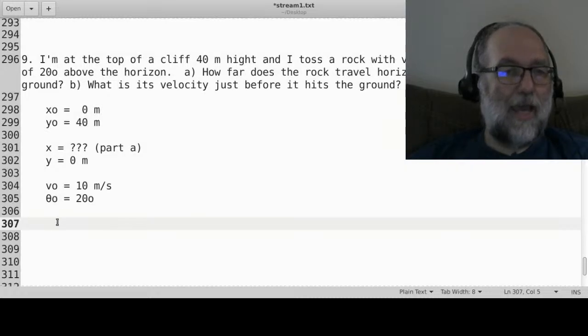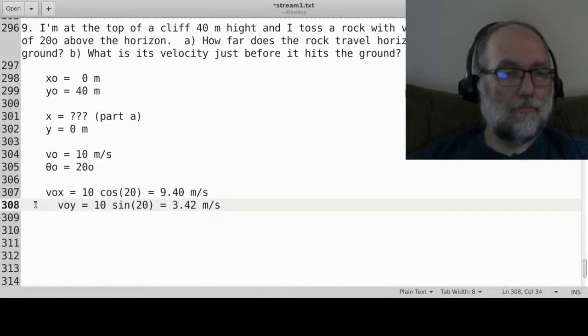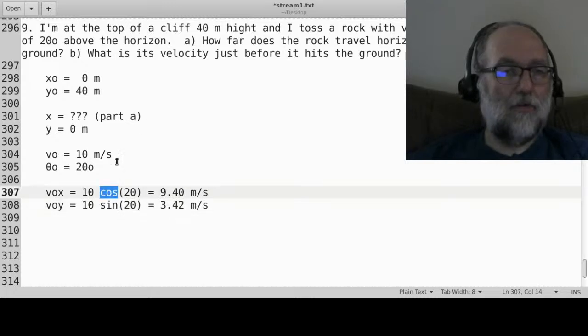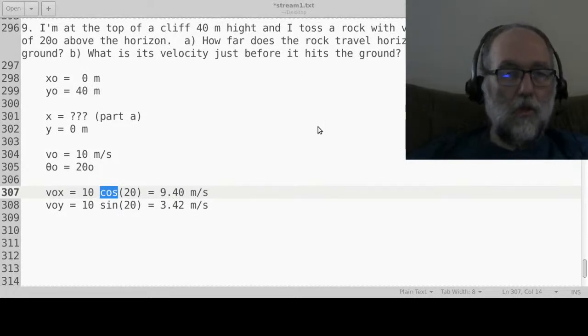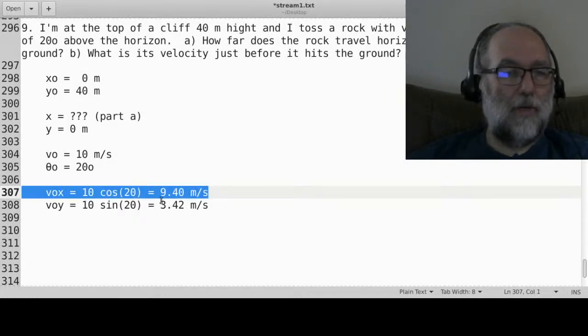For your x component, you just do 10, which is the magnitude, multiplied by cosine of 20 degrees, and that gives you 9.40. For your y component, it's the same formula, but you use sine instead of cosine. So there you go, you've got your x component and your y component.